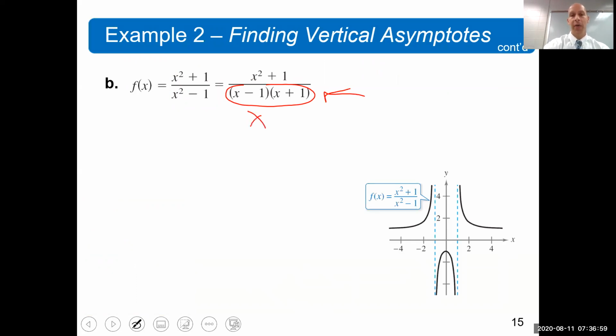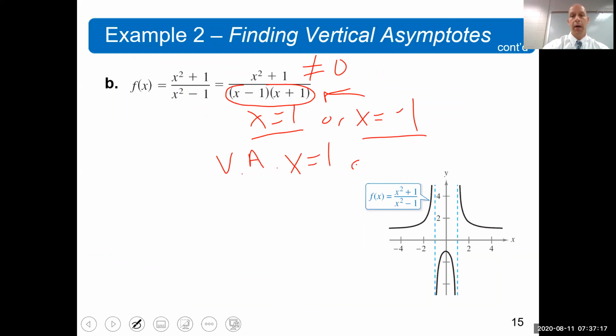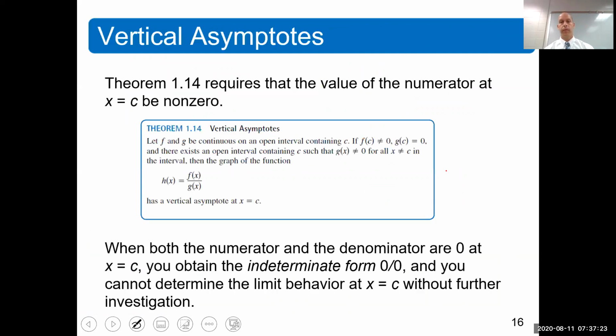That's going to be equal to 0 when x is equal to 1 or when x is equal to -1. So that tells us the numerator is not 0, but the denominator can be 0 here and here. So that tells us that we have vertical asymptotes at x equals 1, and at x equals -1.